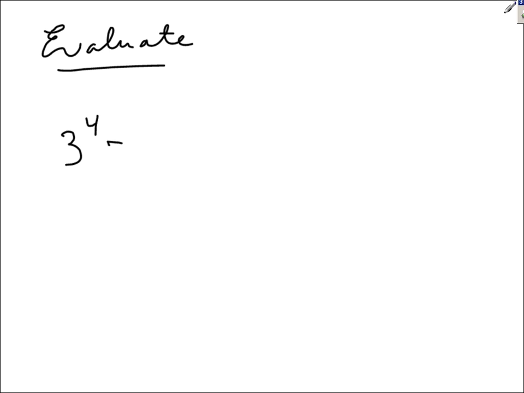So let's evaluate some of this stuff. Evaluate 3 to the 4th. Well, this means 3 times 3, 4 times. Now, most of us know up to the 12 times table.